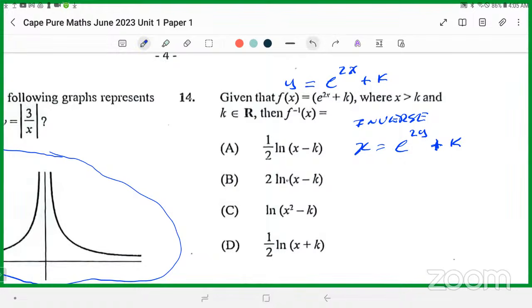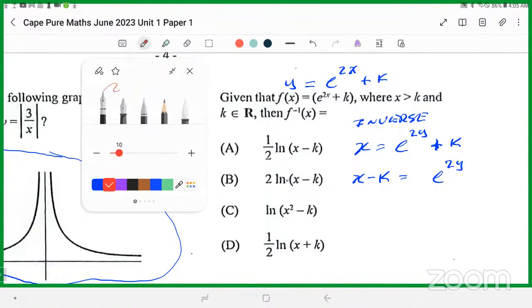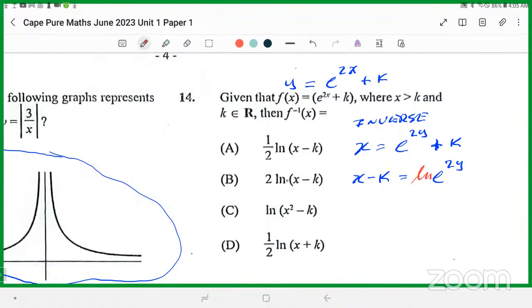Transpose the k first. You're going to get x minus k equals e to the 2y. Let's spread it out because I want to take ln of both sides now. You're going to take the ln of both sides, so you ln this side and ln this side.